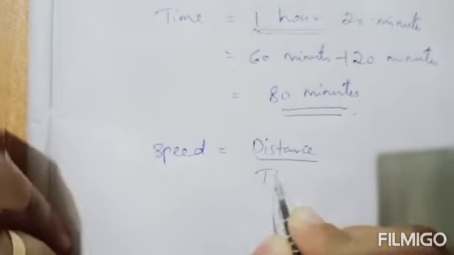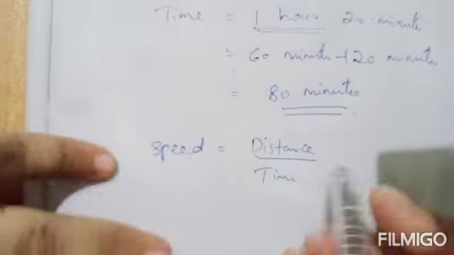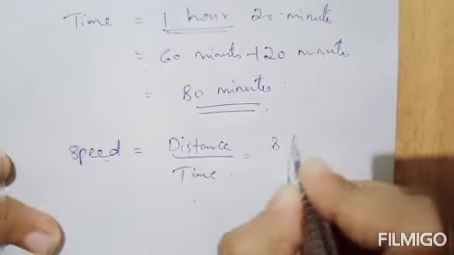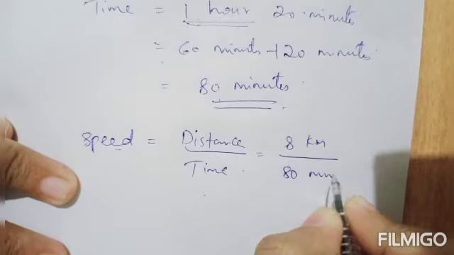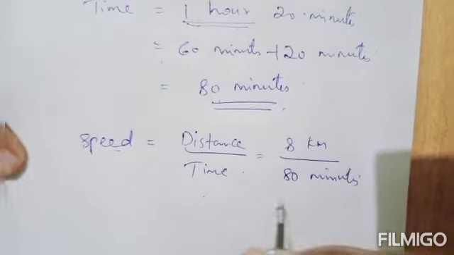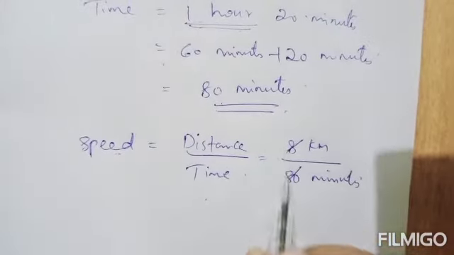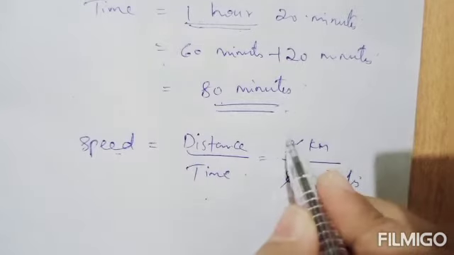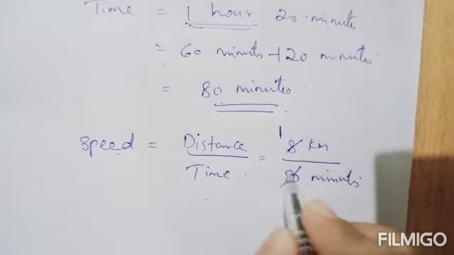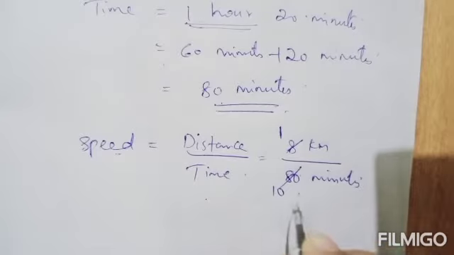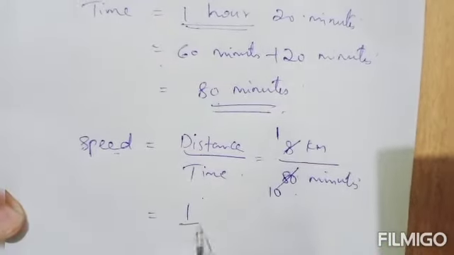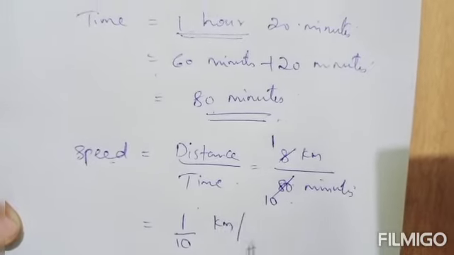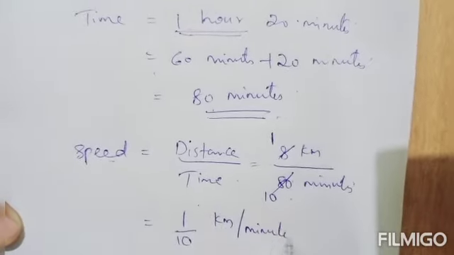That is the formula. That is distance 8 kilometer by time 80 minutes. Here we can reduce 8 by 80: 8 goes in 8 one time, and 8 goes in 80 ten times. So speed equal to 1 by 10 kilometer per minute.